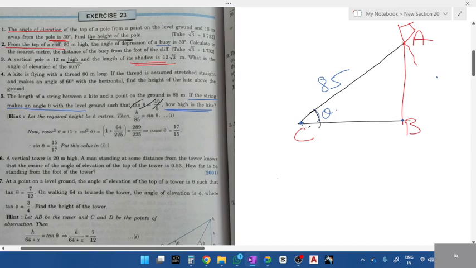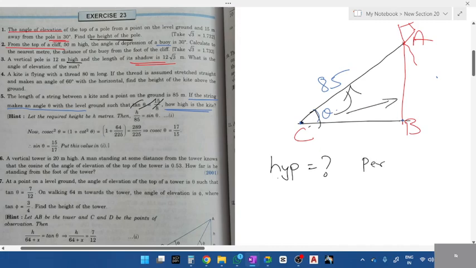Now from the theta point of view, what's the value given? What is this known as? Hypotenuse, base, or perpendicular? Hypotenuse is given. What do we need to find? Is it perpendicular or base?